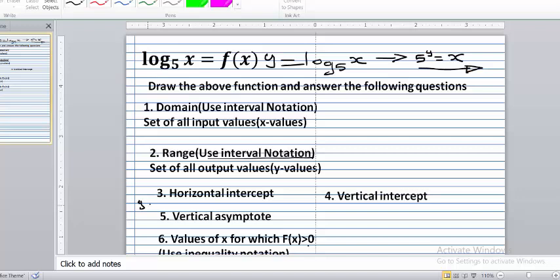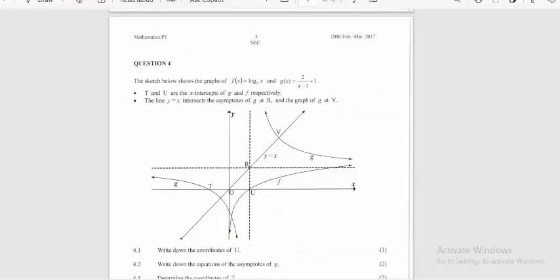So y is equal to 0, and therefore 5 to the power of 0 is equal to x, and we know that x is equal to 1. So at the point where x is 1, y is 0. Now we go back to the graph.